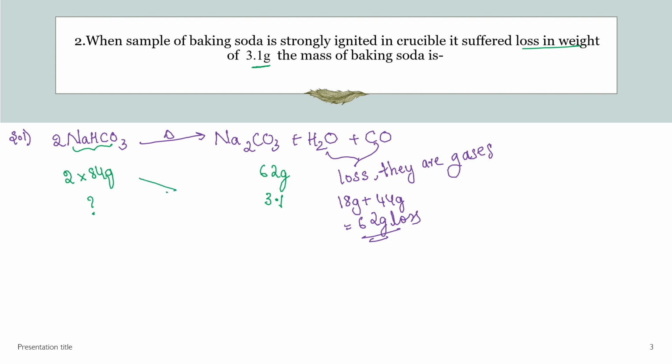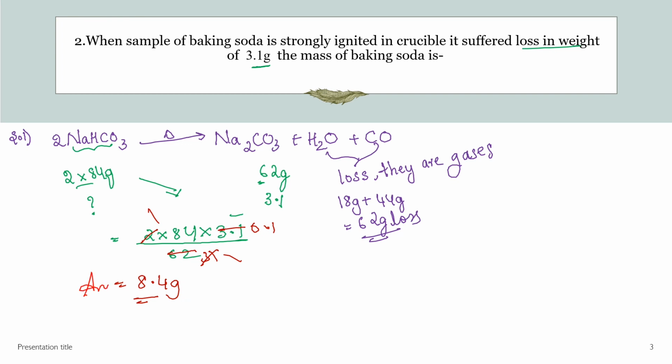After multiplying these and dividing by this, that is 2 into 84 into 3.1 by 62. If we divide it, we get the answer as 8.4 grams. So the mass of baking soda is 8.4 grams. Answer.